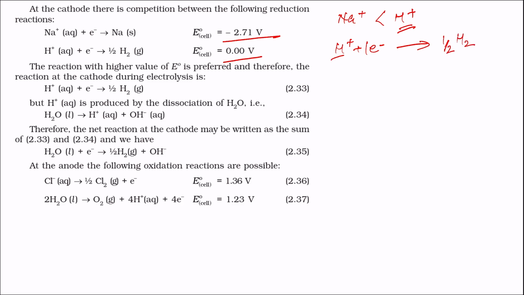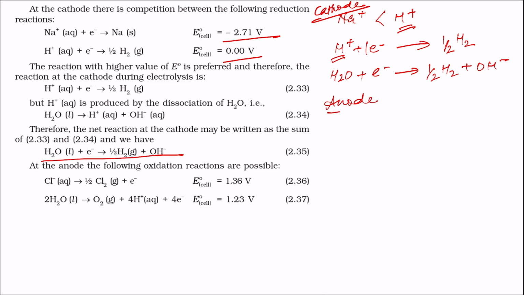Now this H+ ion is produced by the dissociation of H2O. Therefore this reaction can also be written as H2O plus electron forming half H2 and OH- ion. This is the reaction at the cathode. Now at the anode, what will be the reaction?